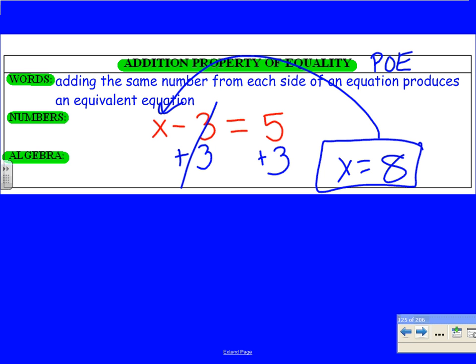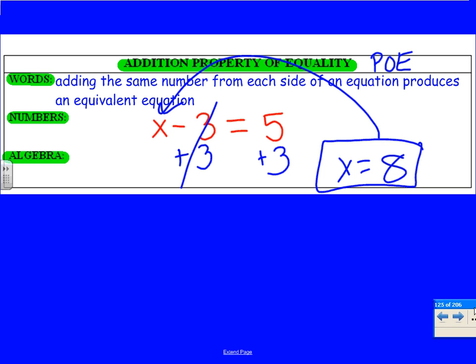So basically, as Charles was summarizing for us, whatever you do on both sides, that's the property that you're using. Since we're adding 3 on both sides, the justification for a geometry proof would be ADPO, addition property of equality, because to get from this step to the next, you added 3 on both sides.